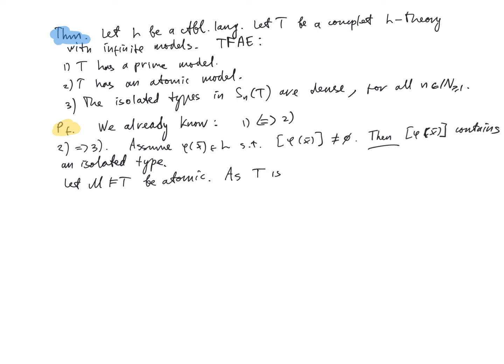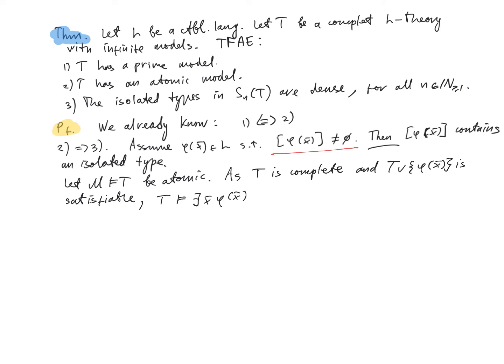As T is complete, and T together with the formula phi of x bar is consistent, since we're assuming that the set is non-empty, so the corresponding formula is consistent with T, we have, by completeness of the theory T, that T implies exists x bar phi of x bar.